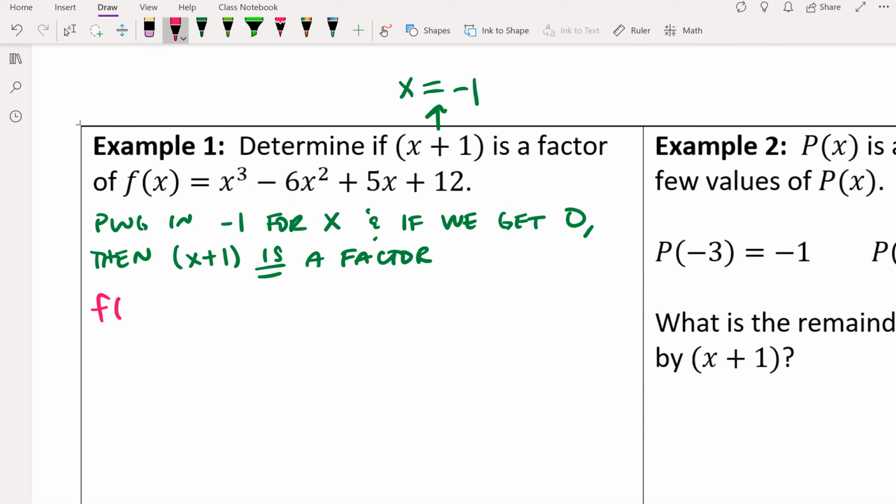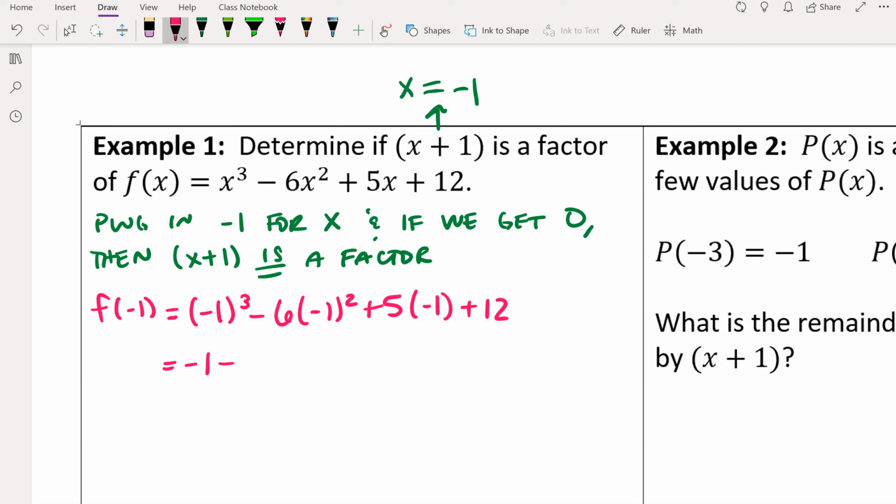So f of -1 equals -1 cubed minus 6 times -1 squared plus 5 times -1 and then plus 12. Let's go ahead and simplify that. You should be writing all of this in your notes. We have -1, because -1 cubed is -1. Then minus 6 times -1 squared.